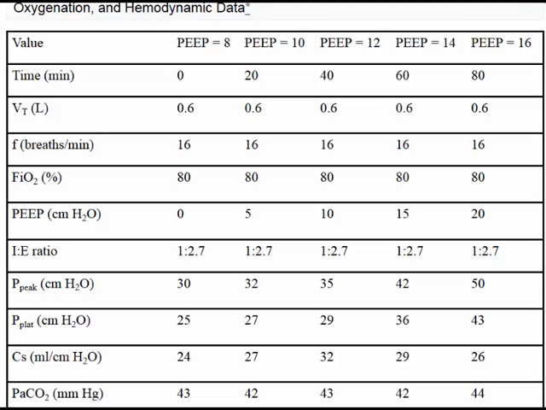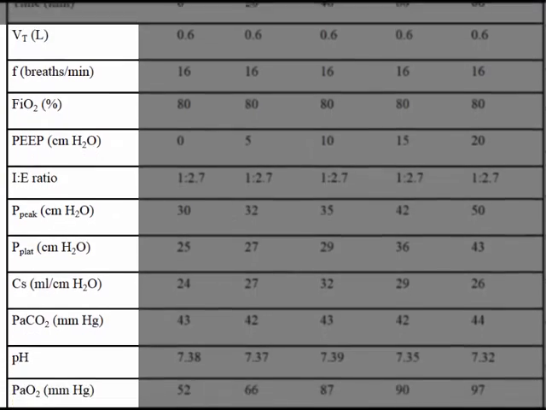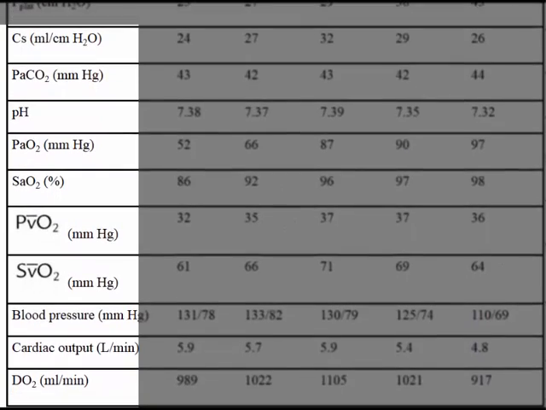This is an example of a positive end expiratory pressure study including ventilation, oxygenation, and hemodynamic values. So as we look up and down this table, you'll see over here on the left side, these are the values that we're looking at, that we're concerned with.